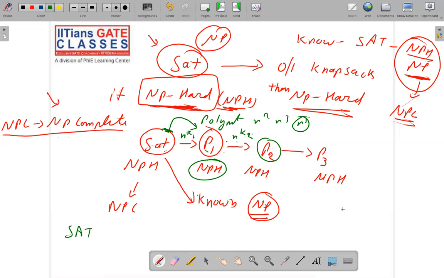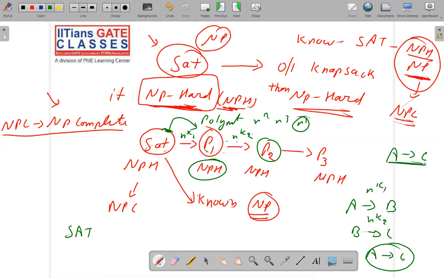This is transitivity: A is reduced to B and B is reduced to C, so we can say that A is reduced to C. It will take n raised to power k1 plus n raised to power k2. So this is also polynomial, right?